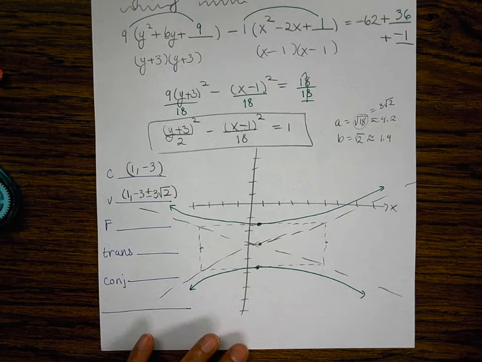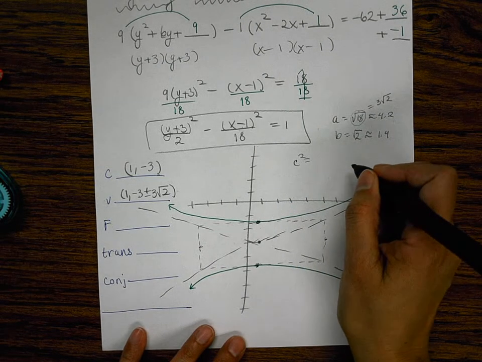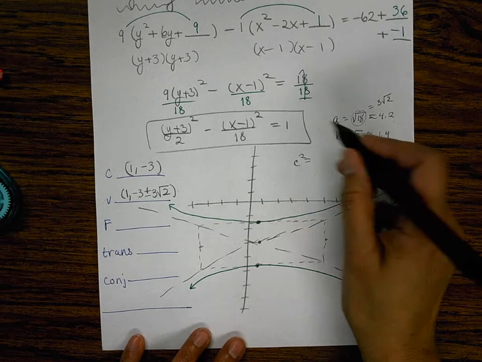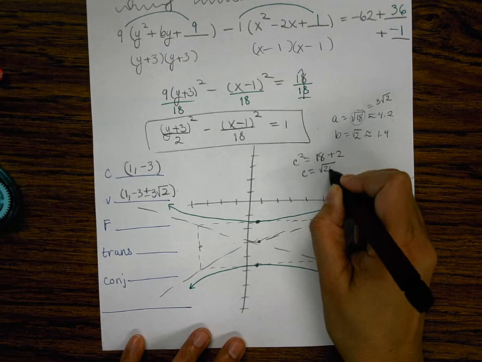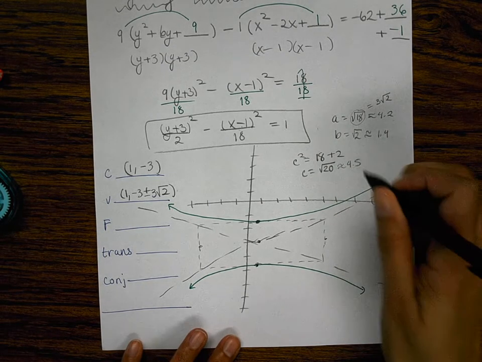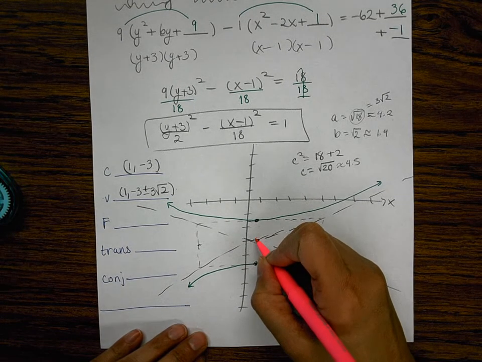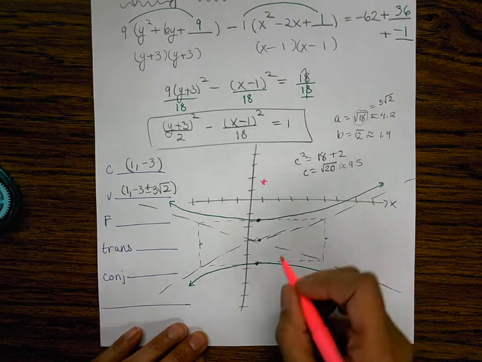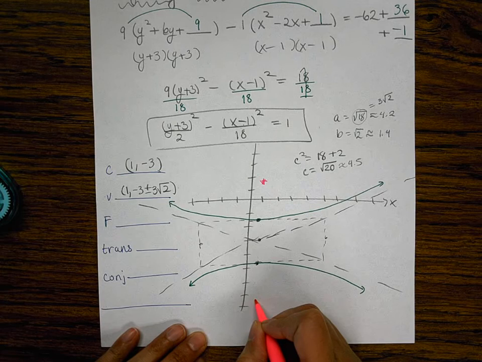Okay, foci. C squared equals A squared plus B squared. So that's going to be 18 plus 2. C equals the square root of 20. And the square root of 20 is approximately 4.5. So when it comes to graphing, I'm going to go up and down 4.5. 1, 2, 3, 4.5.